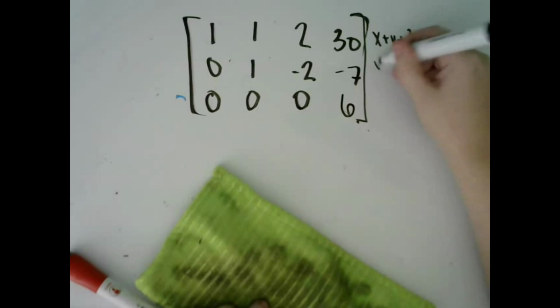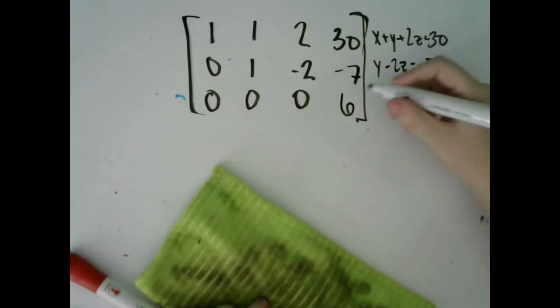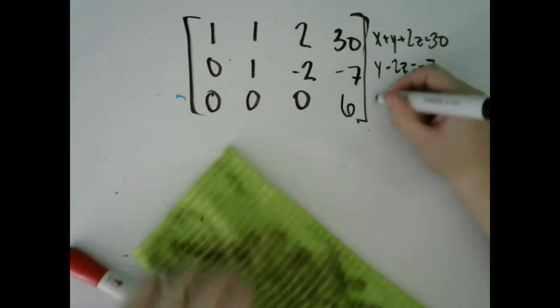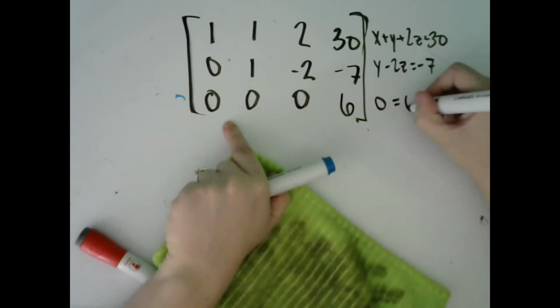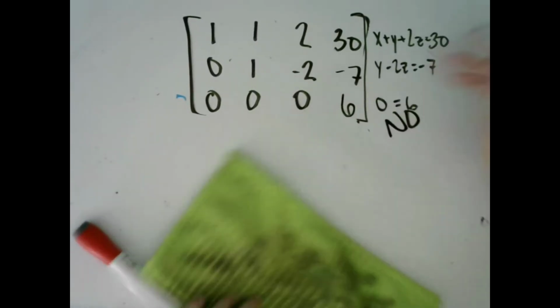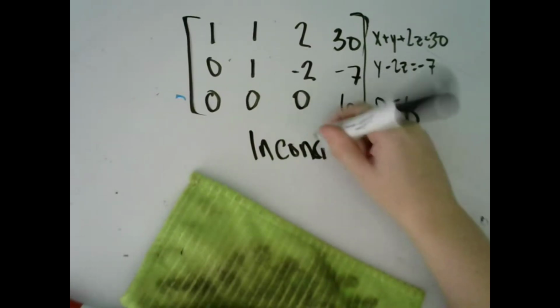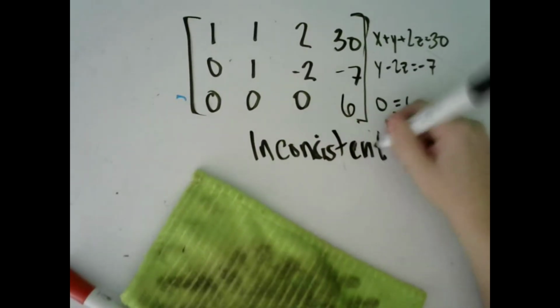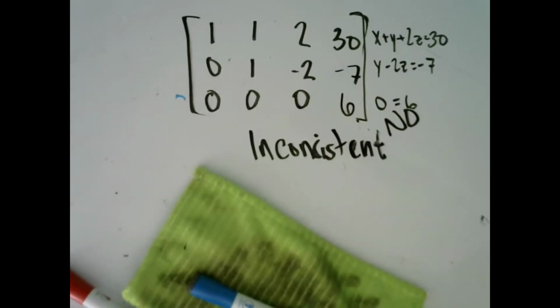That's fine. y minus 2z equals negative 7. Also fine. And then we have 0, no variable over here, equals 6. Does 0 equal 6? No. So when this happens, we end up saying that the system is inconsistent, which is also saying that there is no solution. These lines don't coincide at a single point.